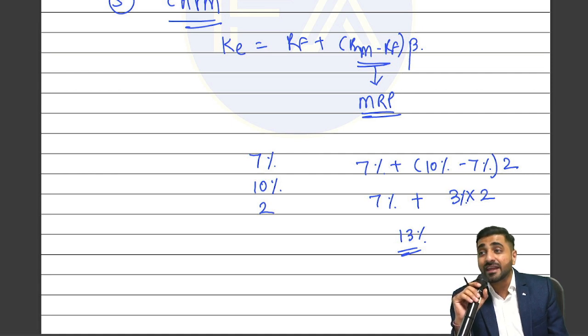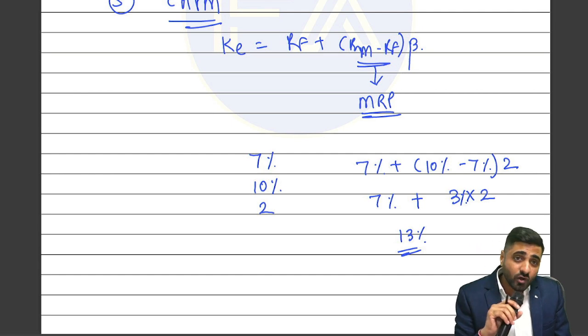Then KD redeemable: I into (1 minus tax) plus (RV minus NP) upon N, the whole upon (RV plus NP) upon 2, into 100. Then KP redeemable: instead of interest into (1 minus tax), I will just substitute PD, and everything else remains.